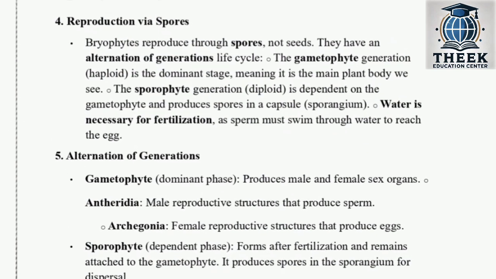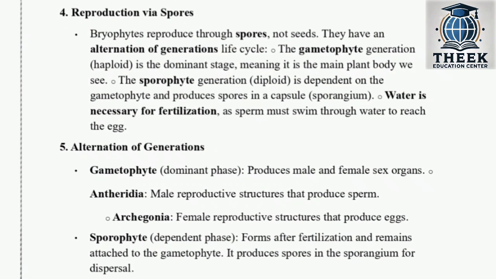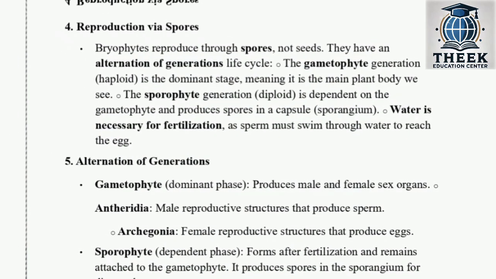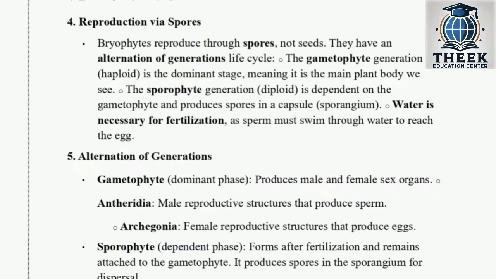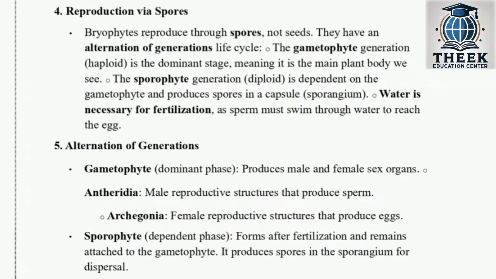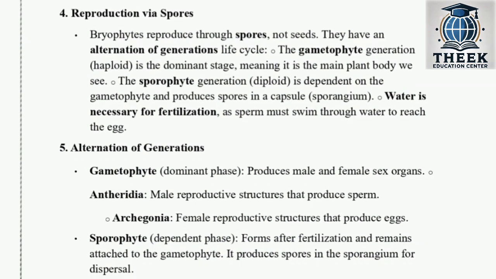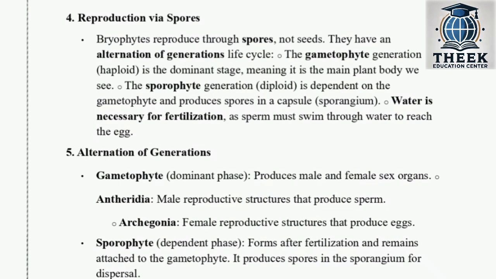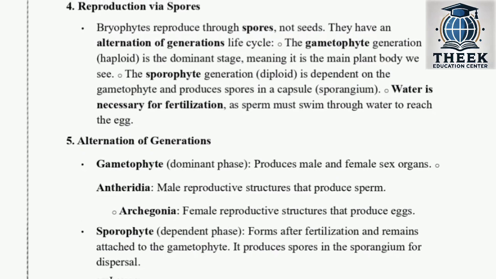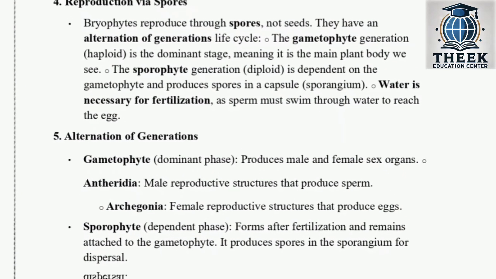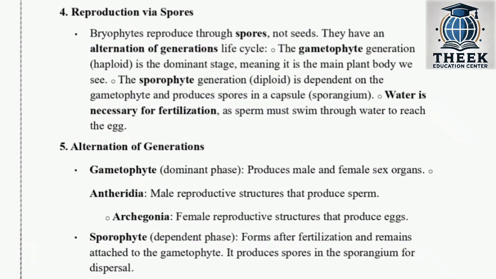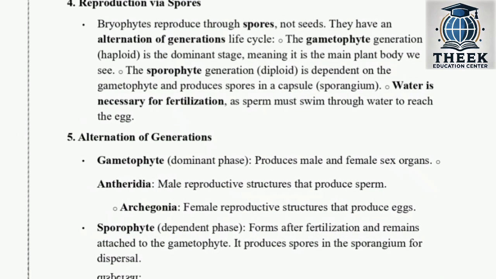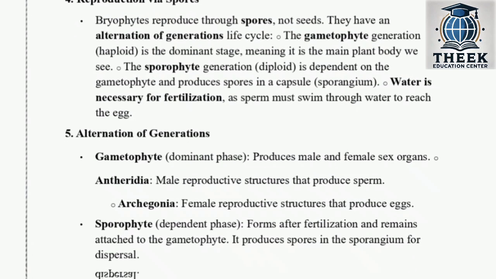Number 4, reproduction via spores. Bryophytes reproduce through spores, so no seeds. They have an alternation of generations life cycle. Therefore, there is no seed formed. The gametophyte generation, which is the haploid, is the dominant stage, meaning this is the main plant body.